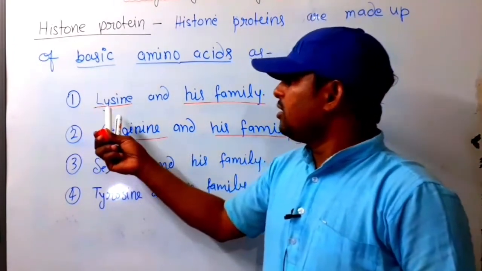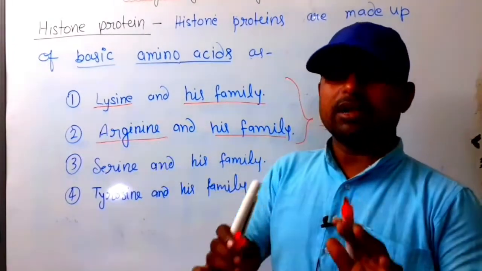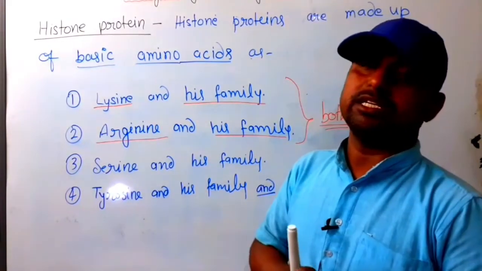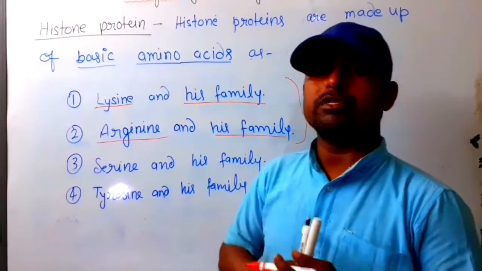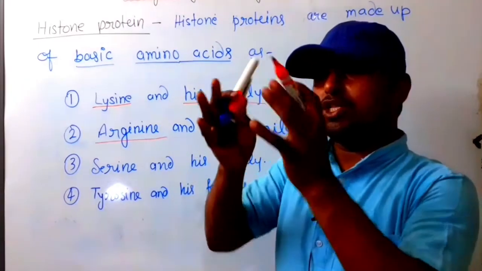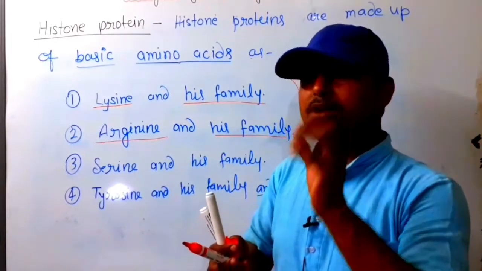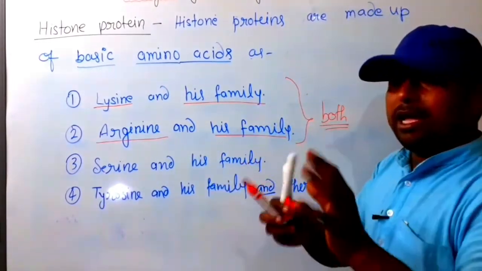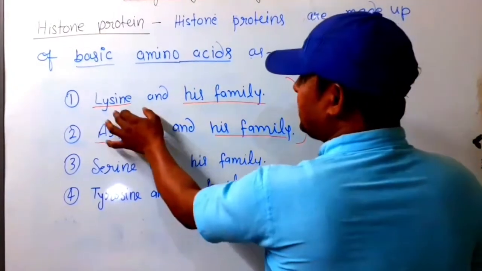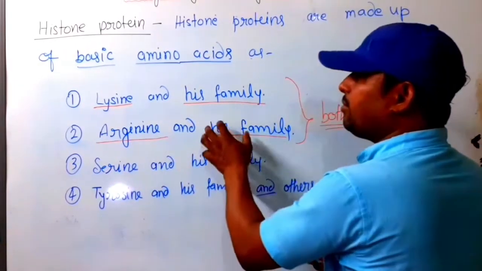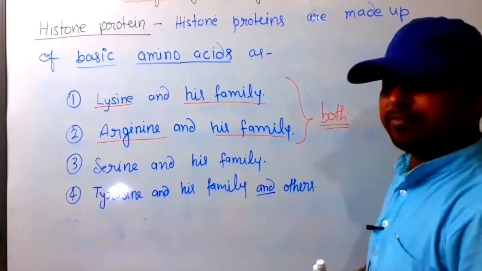Both lysine and arginine are mostly present in the histone proteins. It means a histone protein core mostly has lysine, arginine and their family amino acids.